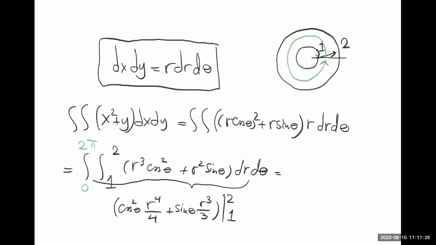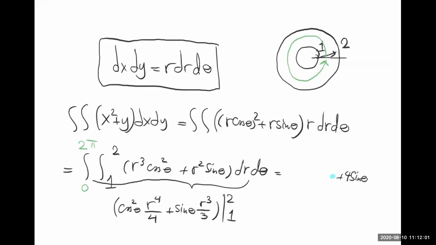I would end up with 6 cosine squared of theta plus, or it would be 8, sorry. So it would be 8 cosine squared theta plus 4 sine of theta.